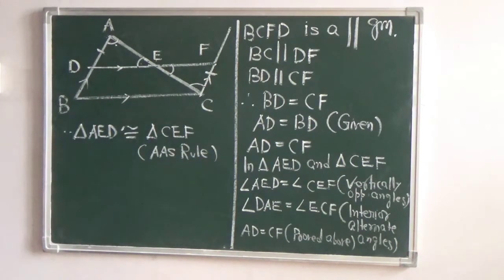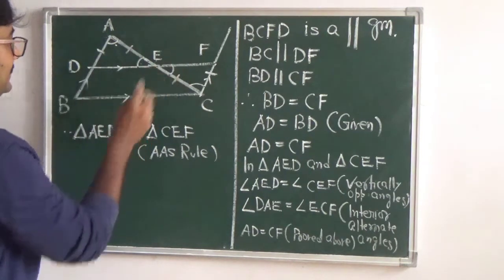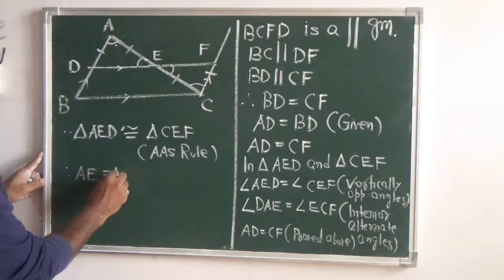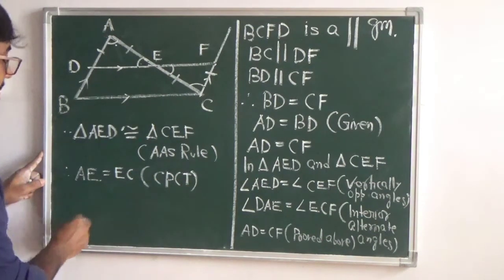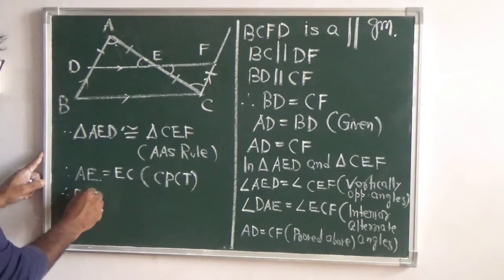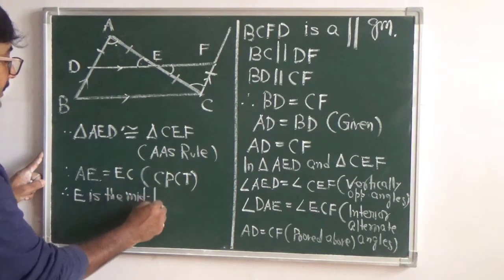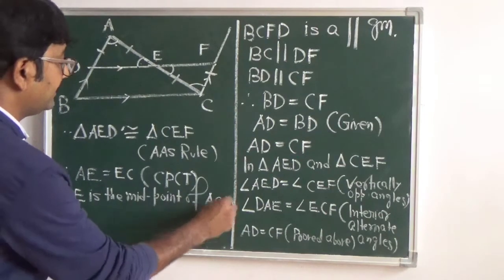Now that we have proved that the two triangles are congruent, we can very easily tell that AE equals EC. So therefore AE equals EC, and that is by CPCT. Therefore E is the midpoint of AC.